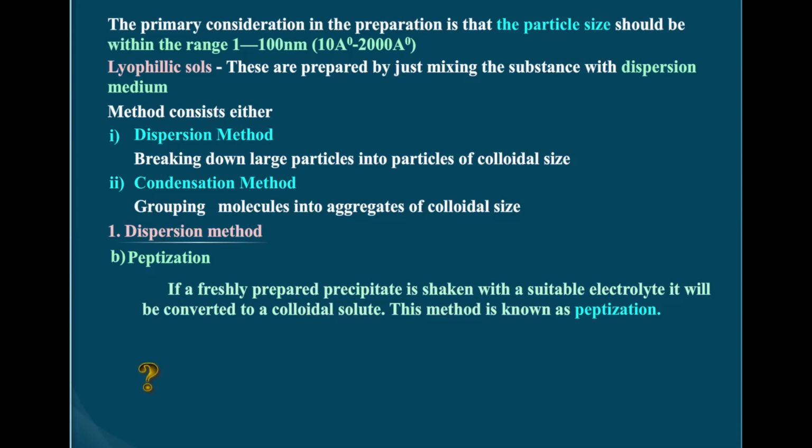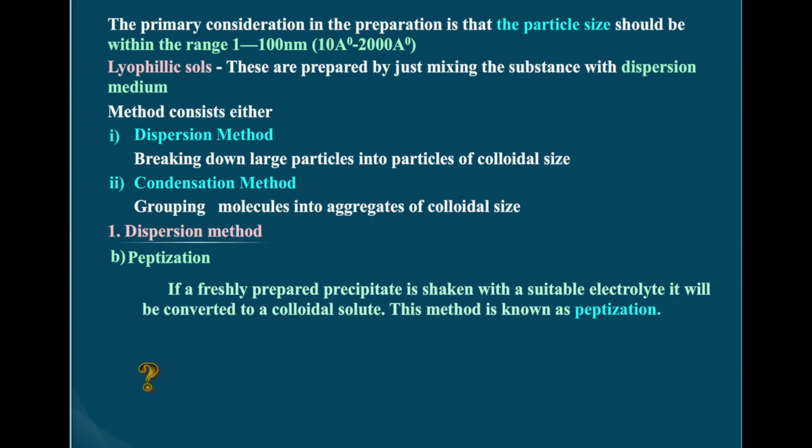Ferric hydroxide is a precipitate, so we are adding an electrolyte which has a common ion in it. So we are adding the electrolyte FeCl3. As a result, what happens? The ferric hydroxide adsorbs Fe3+ on the surface. So the precipitate becomes positively charged because it has adsorbed Fe3+ ions. And as a result, when the charge is the same, what happens?